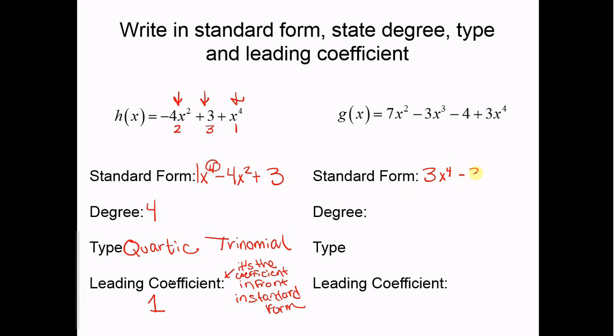So 3x to the 4th minus 3x cubed plus 7x squared minus 4. Then my degree is, again, a 4, so my type is a quartic, because the degree matches with 4. And I have 4 terms, 1, 2, 3, 4, so I have a quartic polynomial. And my leading coefficient, the number in the front, is 3.